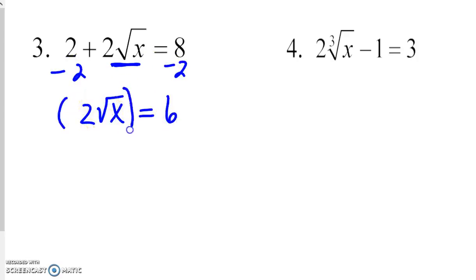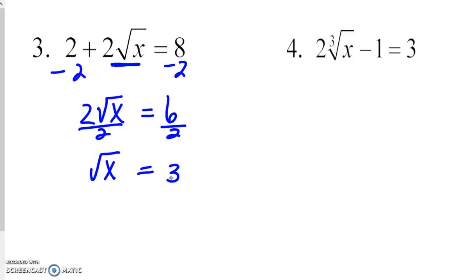I can take this and square it, but a lot of people are going to mess that up, and they're not going to remember to square the 2. So the way I try to do it is you can get this radical all by itself by dividing by 2 before you start. So get just the radical isolated by itself before you decide to do the opposite operation.